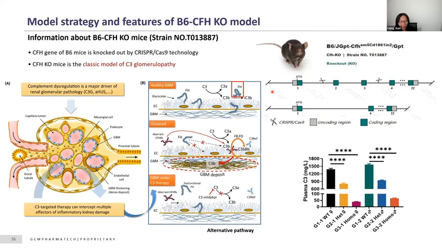Dysregulation of CFH has been observed in C3G patients with decreased C3 level in circulation. So we generate this model with knockout of CFH in B6 mice.